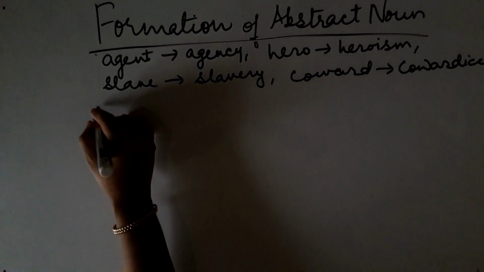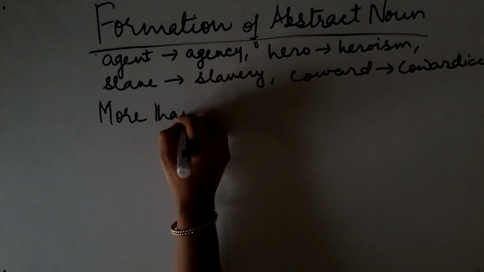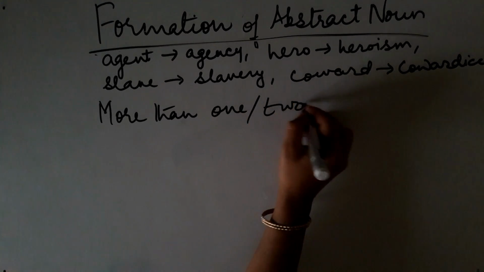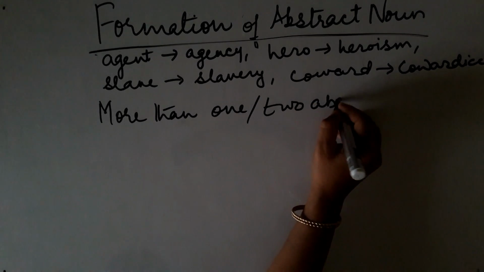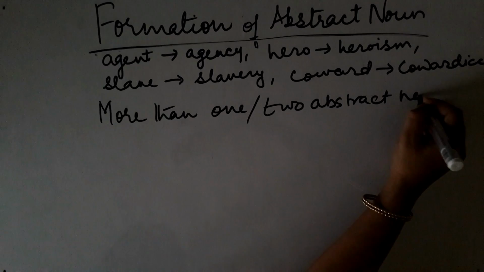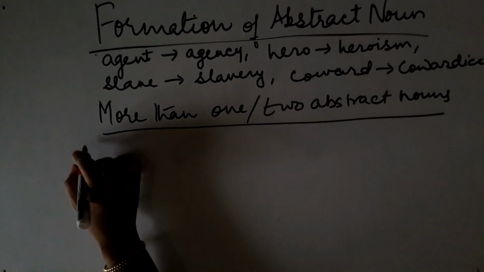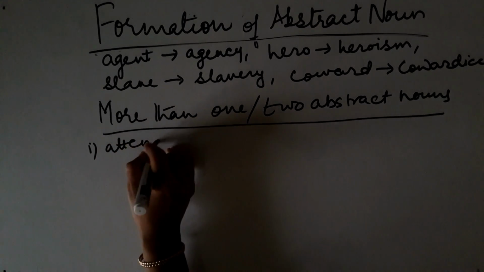Now I will show you certain other words which have more than one abstract noun form. So following are the words which have more than one or two abstract nouns. Let's see which words fall in this category. I have attend.